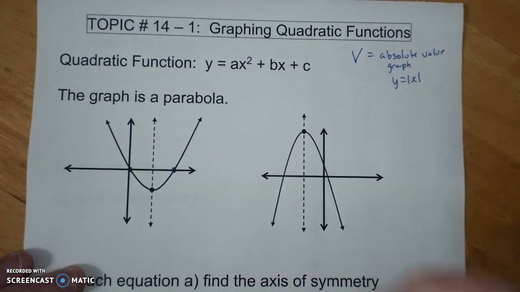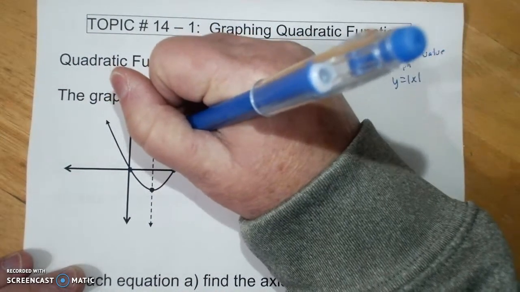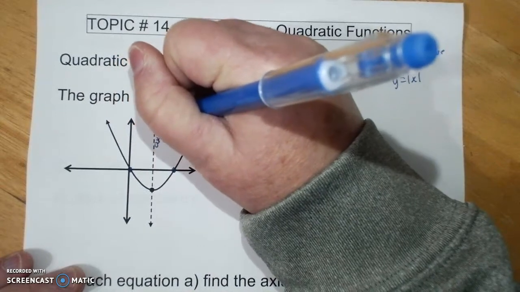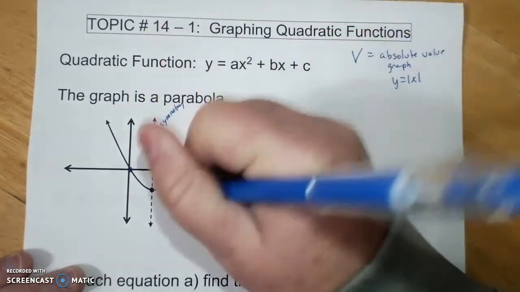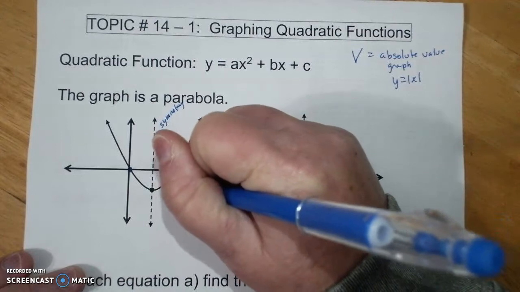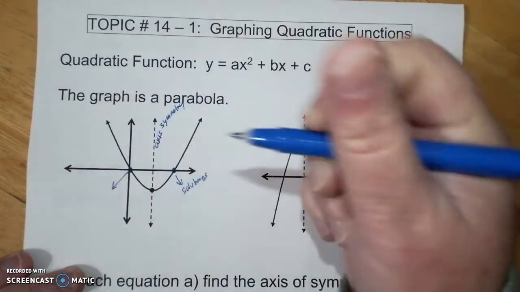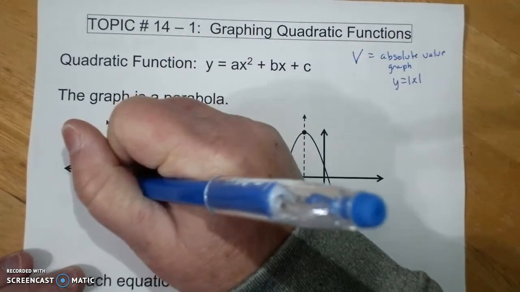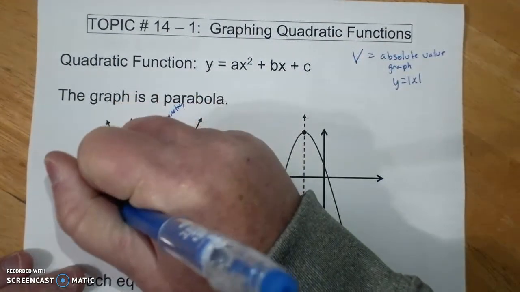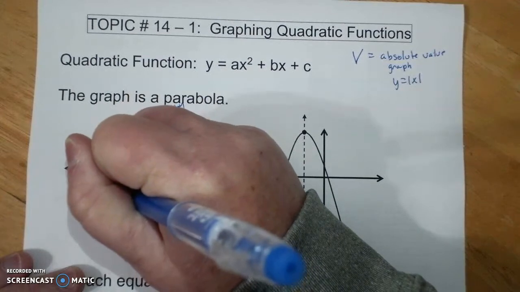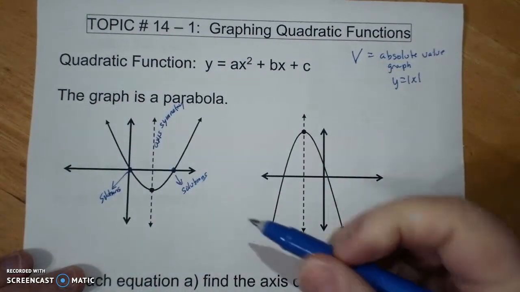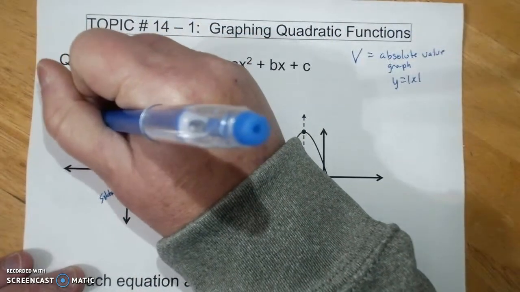So there's a couple of points that you need to pay attention to as you travel along graphing quadratic functions. You're going to need to know how to find the axis of symmetry. You're going to have to find the solutions. And there are either 0, 1, or 2 solutions. Okay? And then you're going to have to find the y-intercept.